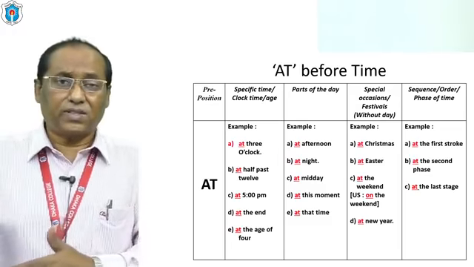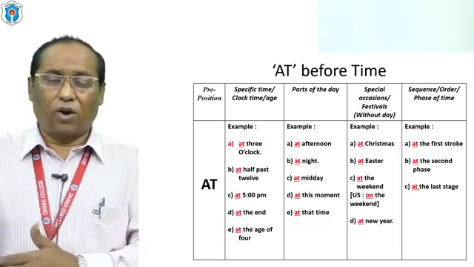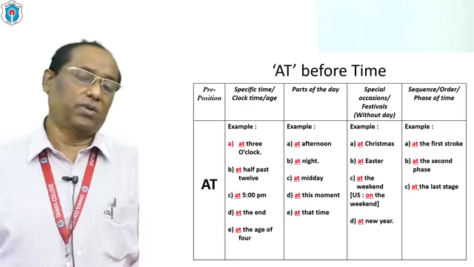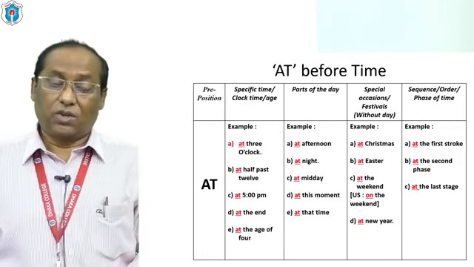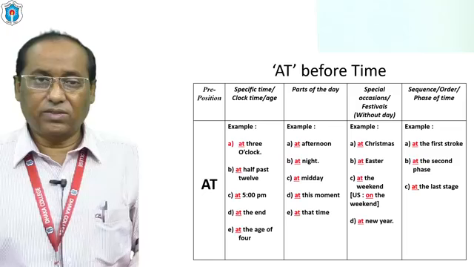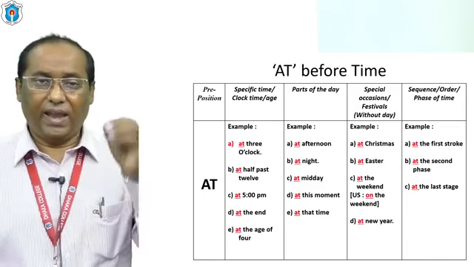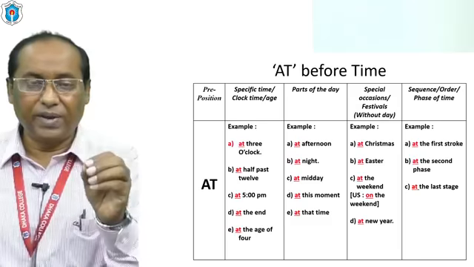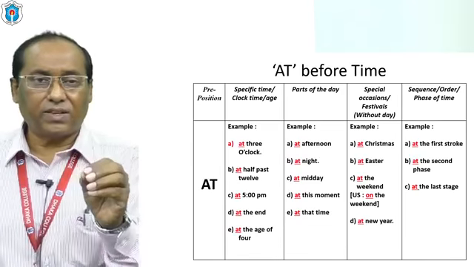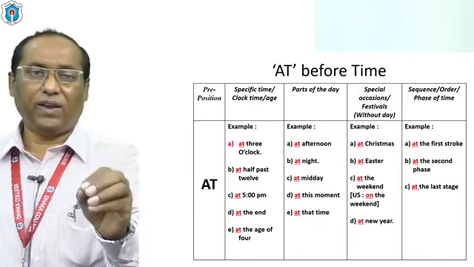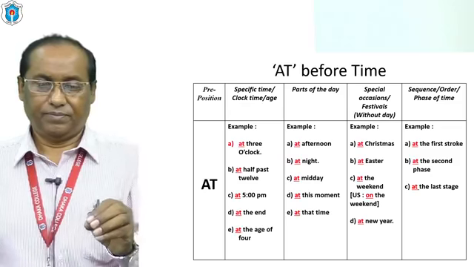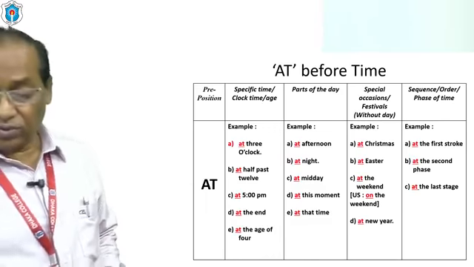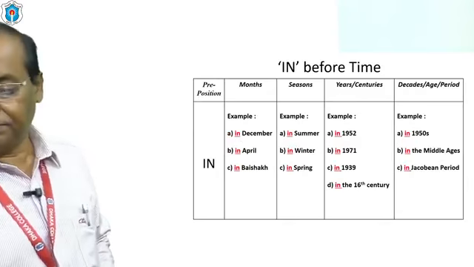So to mean some phases or order or sequence, we use at. My dear students, in fact, at is used in brief to express the specific time. Right? Now let us move to the next slide.